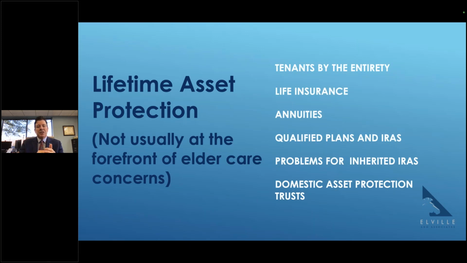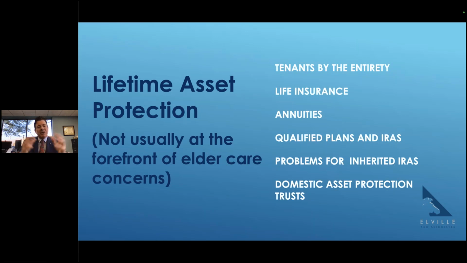So let's just say that it's an unbreakable, indivisible whole of the asset, like a residence. If one of the spouses gets sued but the other one doesn't, then the asset cannot be torn in half. It's an indivisible whole. Tenants by the entireties is very big in Maryland, very big in Delaware, and some states other than those two.